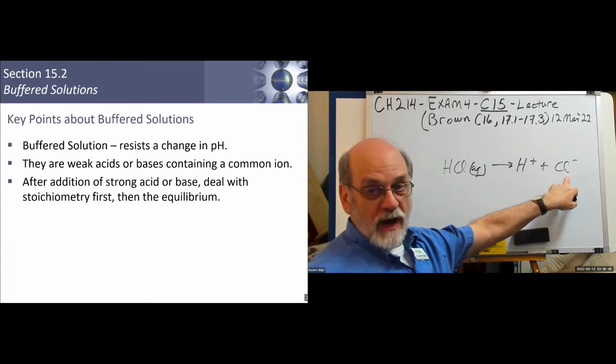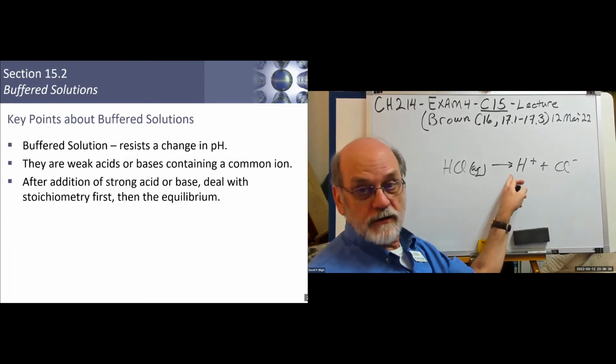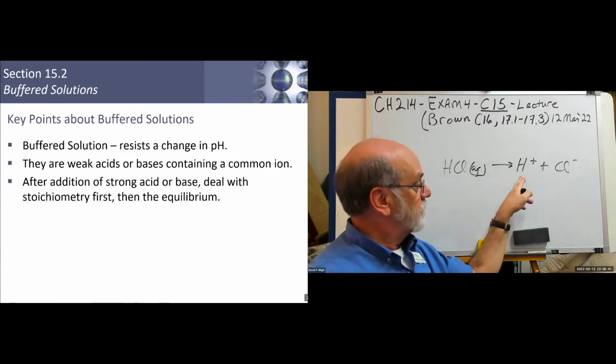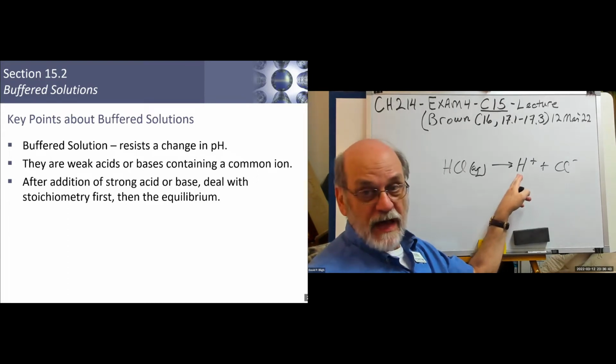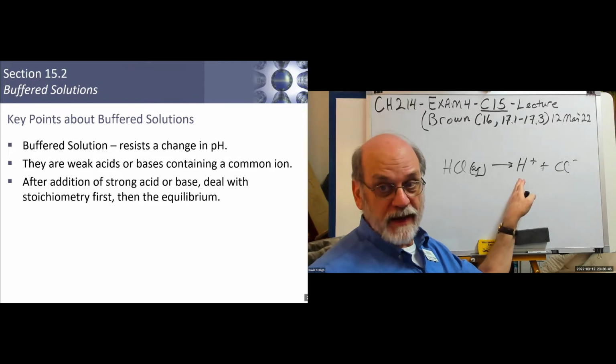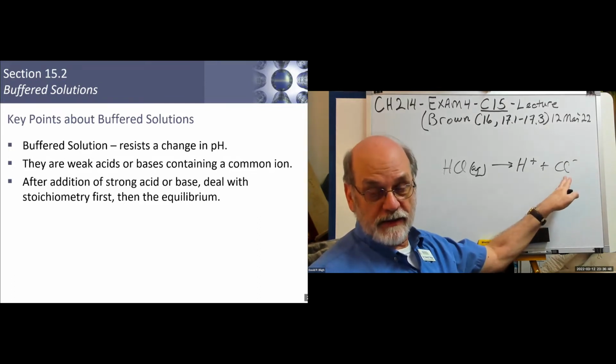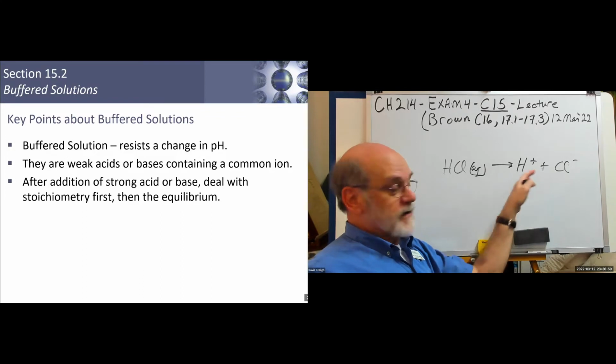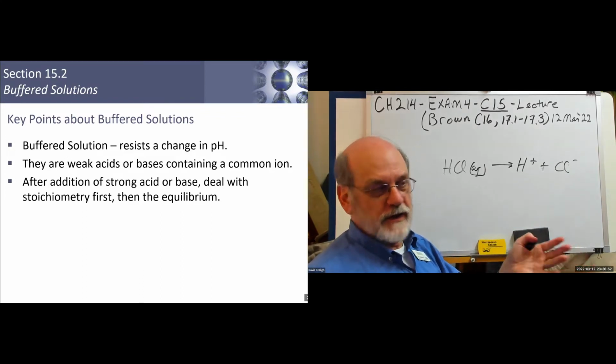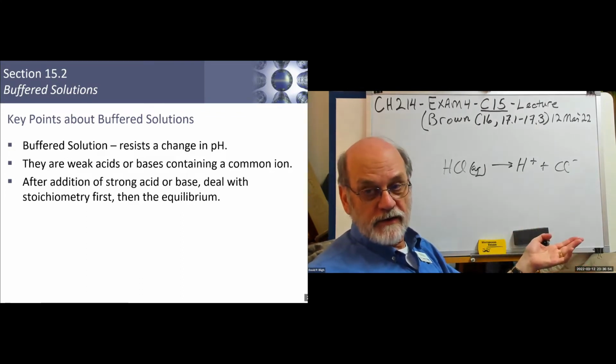So if we add chloride, it's not going to do anything to these existing hydrogen ions. It won't pick any of them up because now it's a weak base. So the pH won't change at all. Say if we add sodium chloride to that solution.